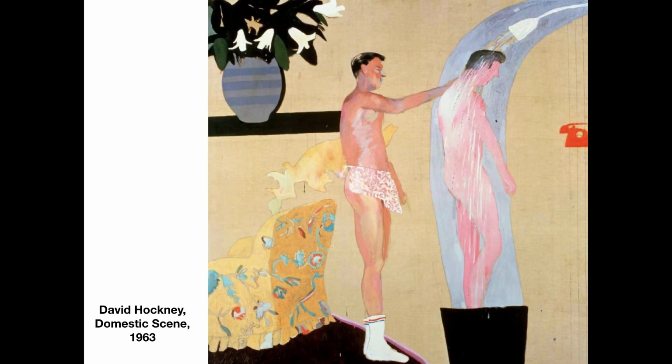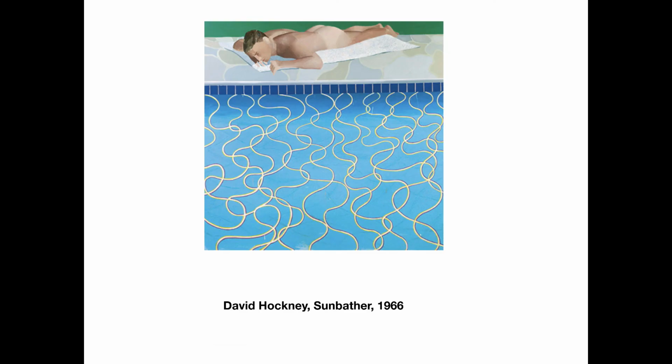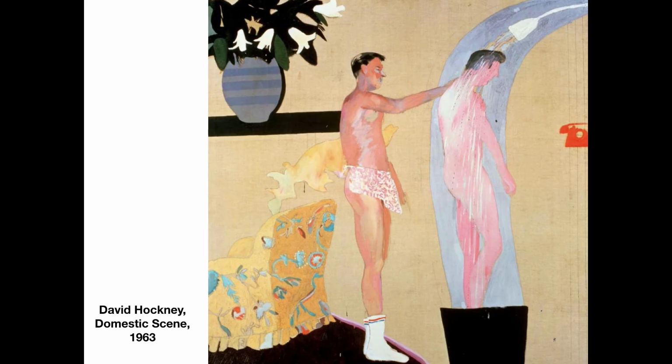Specifically in this piece, Hockney is very much like the other pop artists, in that he took this picture out of a gay magazine. I think it was Physique Pictorial. And he was fascinated with it in London. And when he came to LA, there was a culture of pools and swimming and sunbathing, and he captured that.